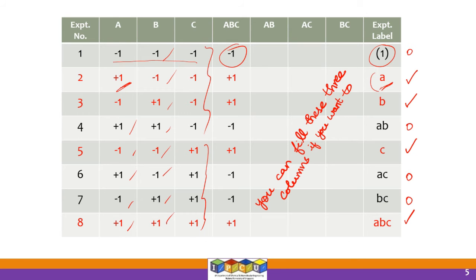So whatever is high, we indicate that. This is B, and this is AB because A is high and B is high. This is BC because B is high and C is high. And the last one is ABC because all A, B, and C are set at their high values. Therefore, experiment 8 would be labeled as ABC. Okay, so far so good.